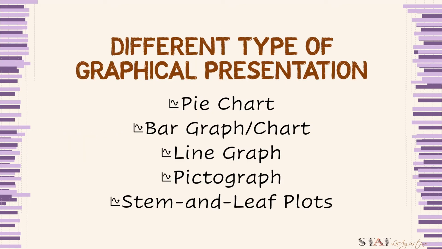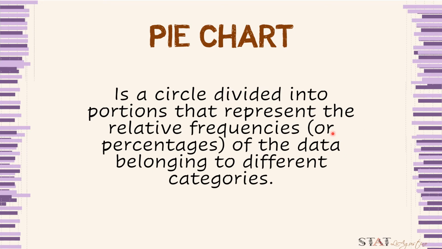Okay, we have here the different types of graphical presentation. We have the pie chart, we have the bar graph or bar chart, we have the line graph, we have the pictograph, we have the stem and leaf plots. Pie chart is a circle, from the word pie.